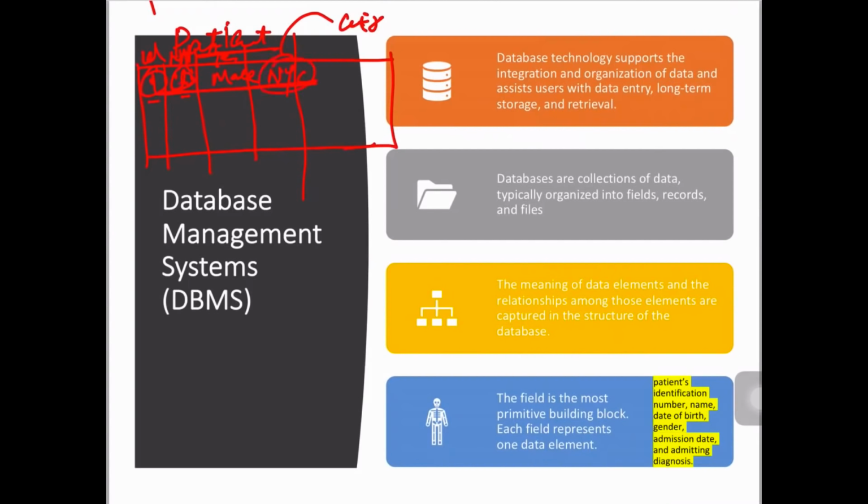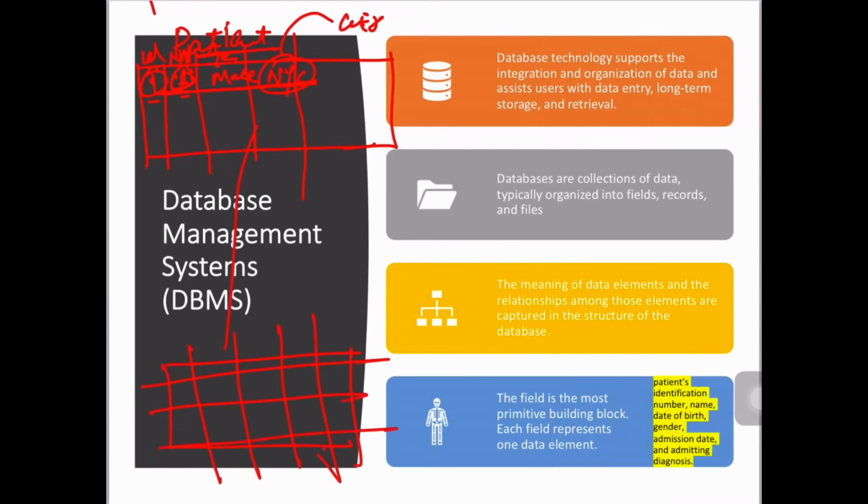So to remember that, the place where we store the data in an organized way, we call it a database in a computer system. In a database, we normally store the data in a tabular format in a row and column fashion.